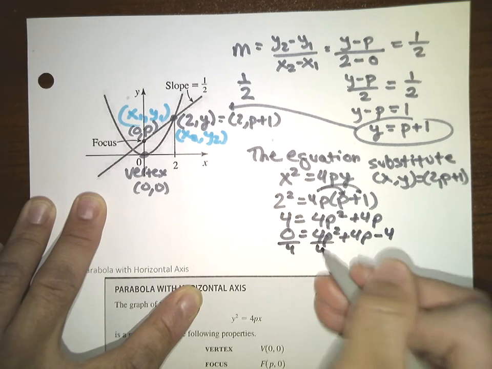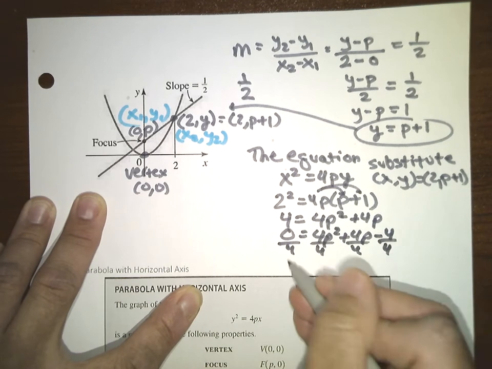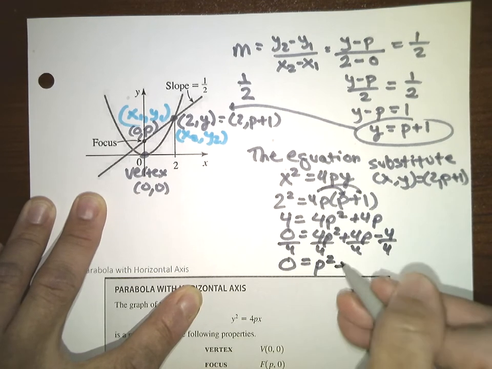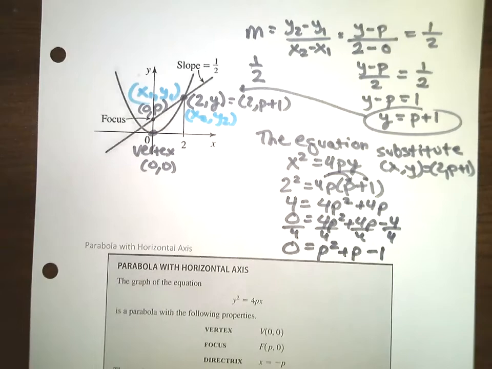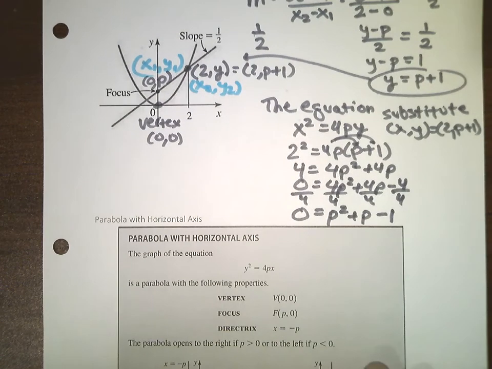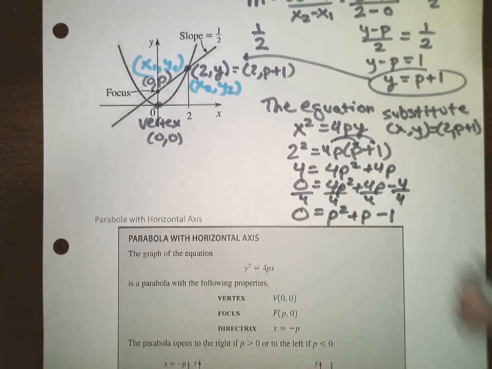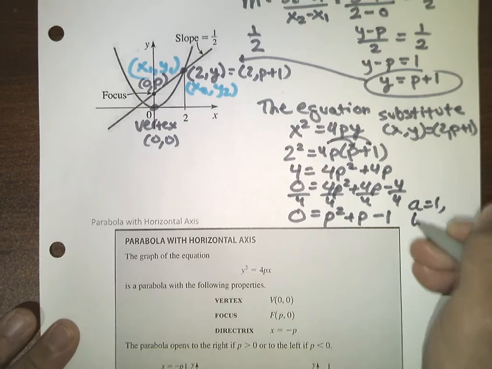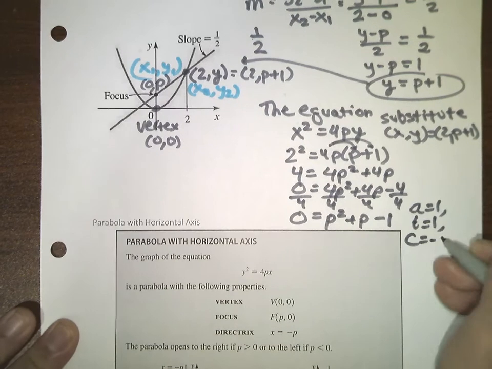Then I can divide by 4 on each side to get 0 is p squared plus p minus 1. And then hopefully you can see that this will be one where you'll want to go ahead and use the quadratic formula to solve. So a is 1, b is 1, c is negative 1.